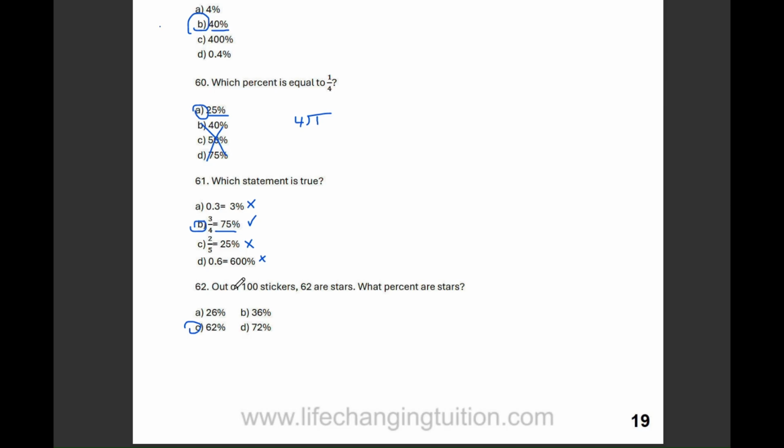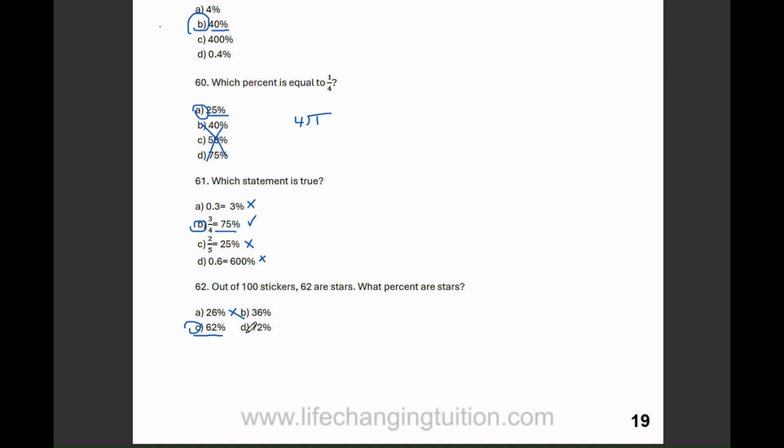Question 62. Out of 100 stickers, 62 are stars. What percent are stars? Options: A, 26%, B, 36%, C, 62%, D, 72%. Why not?